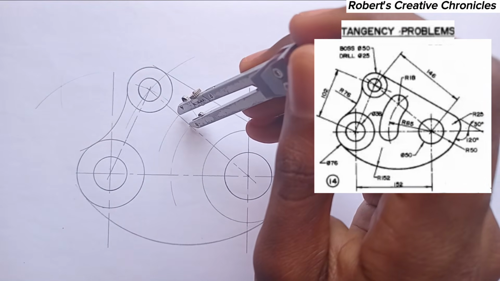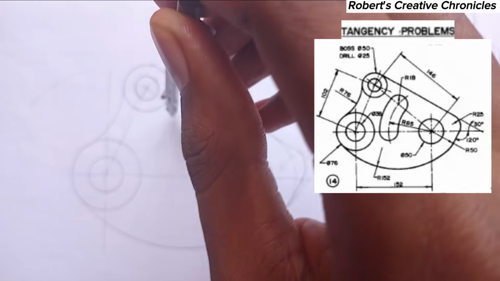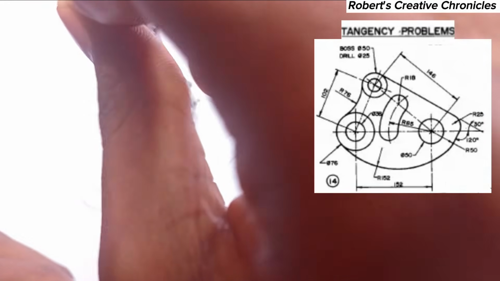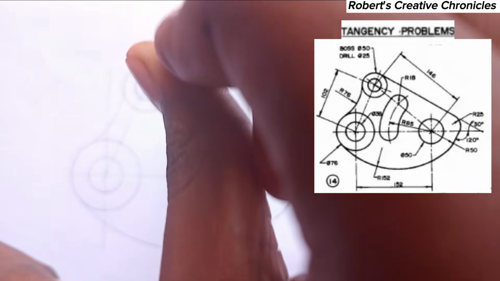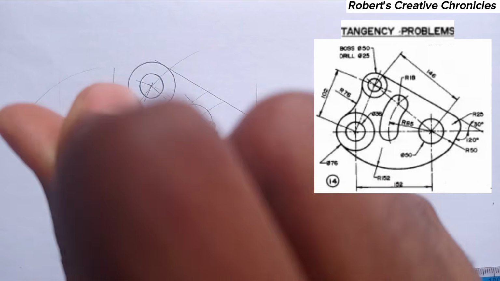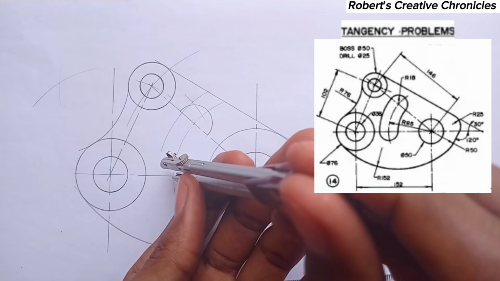So we'll put it here. Then we'll draw it. Then also, likewise, we'll draw it here.